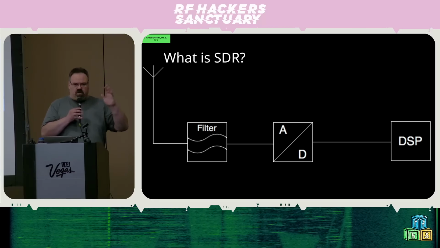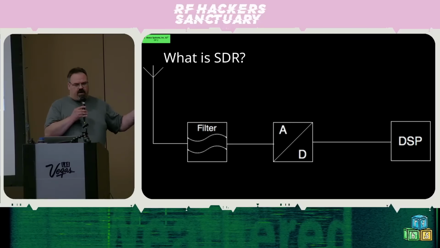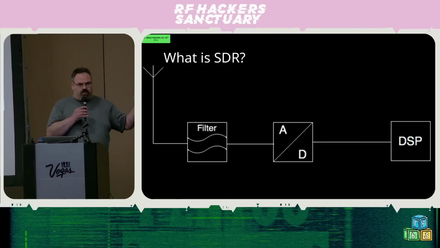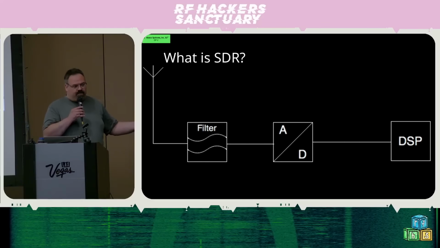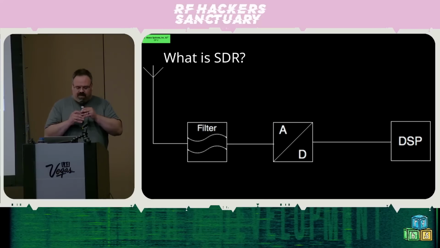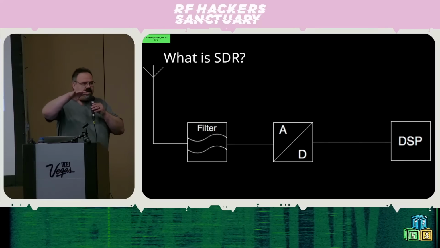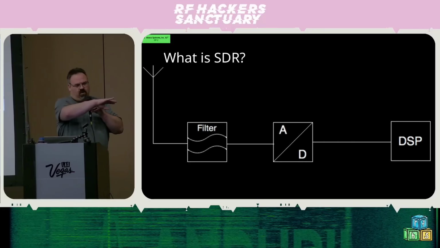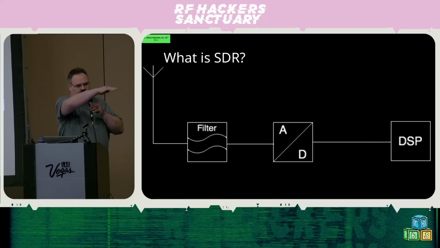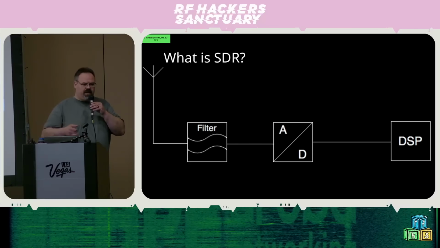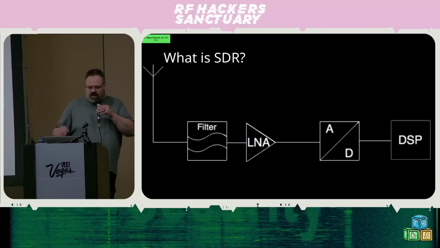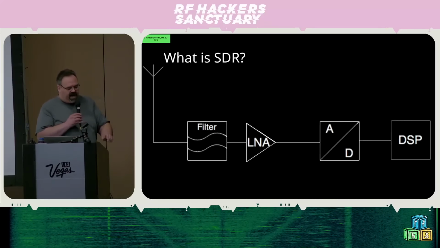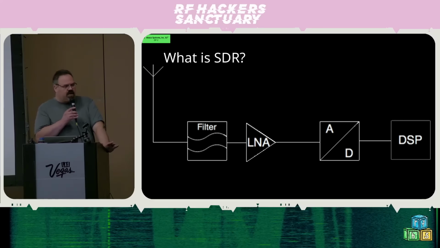And we don't want to get signals that are too high frequency because we end up with what's called aliasing, which I will describe in a little bit. So we have a low pass filter set up so that only the frequencies up to like 30 megahertz go in, and everything else gets cut off. We're going to add a little amplifier to increase the strength of the signals received.